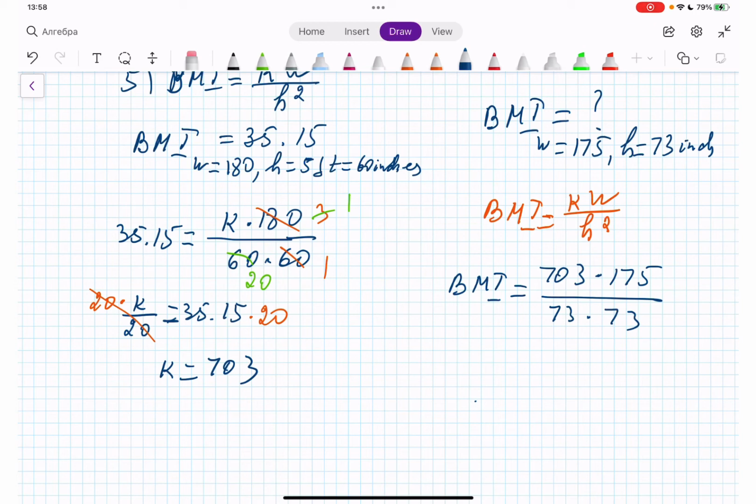Interesting. Let me see if 175 I can divide by 73. No, it's not. And 703, let me see if I can divide by 73, see if I can simplify as much as I can. No, it's not. Okay, then we have no choice.